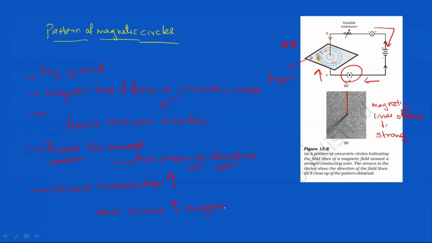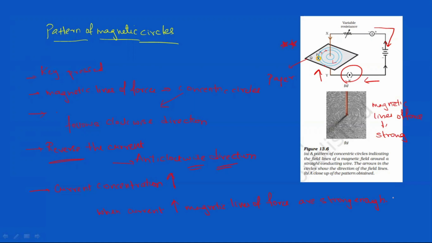When the current is weakened, they will also be weak. They will follow concentric circles, as shown in figure B, the pattern obtained when the current carrying conductor is placed in the magnetic field.